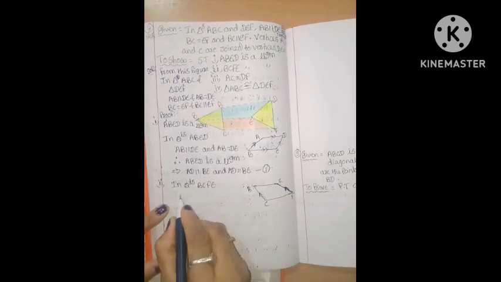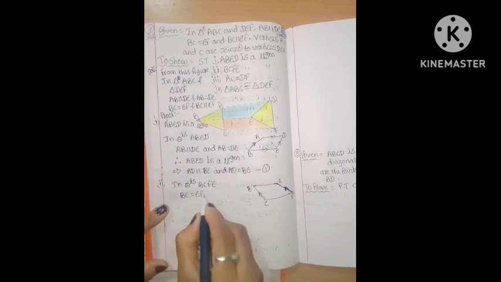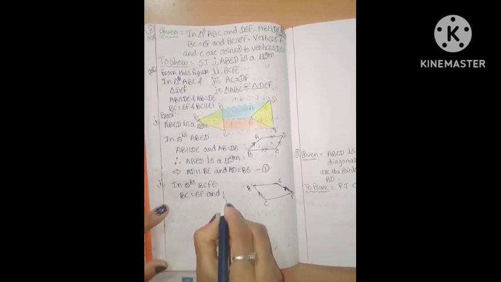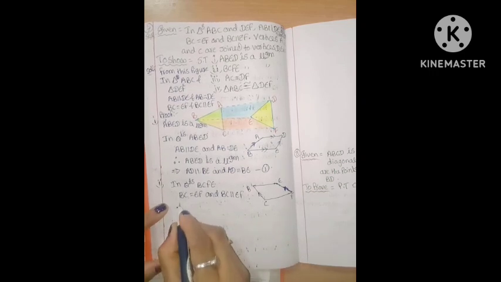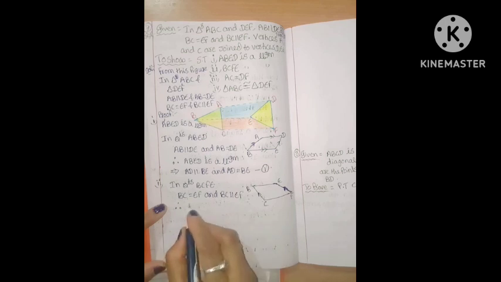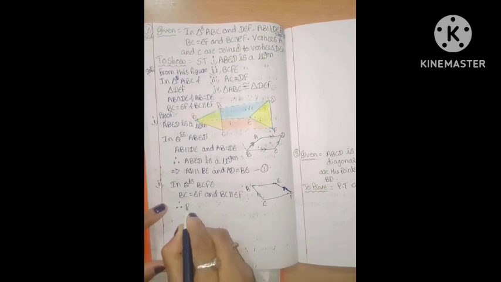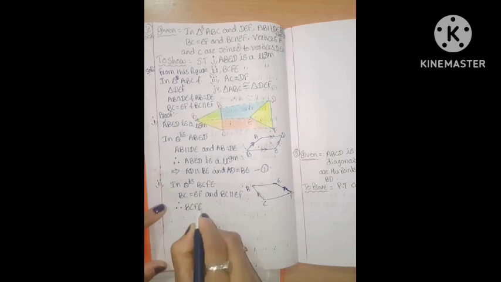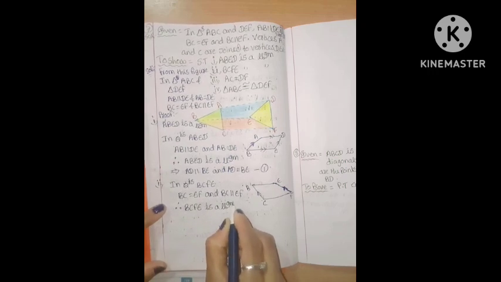In quadrilateral BCFE, what is given? BC equal to EF, and BC is parallel to EF. So BCFE is a parallelogram.